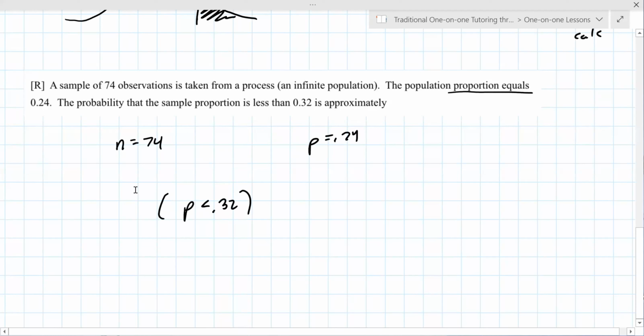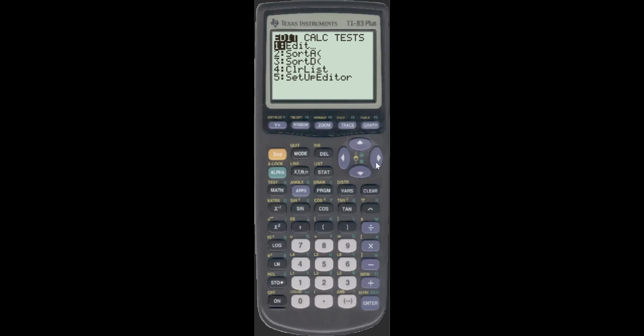And this is written poorly again, but we're going to go back to the calculator. And this time you're going to go stat tests, and then it's a one prop Z test, one proportion Z test. Okay. And what we care about is the P0 is 0.24.